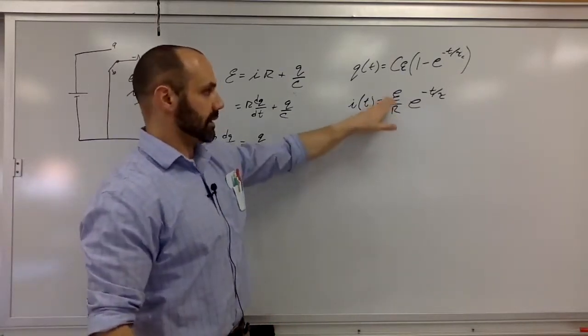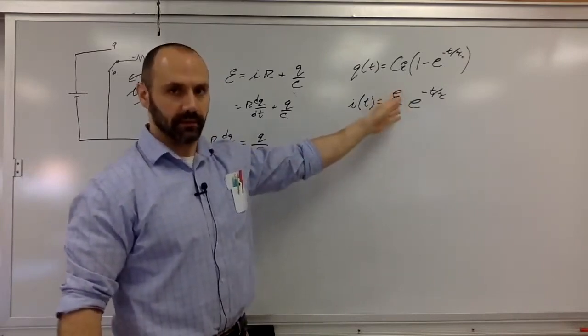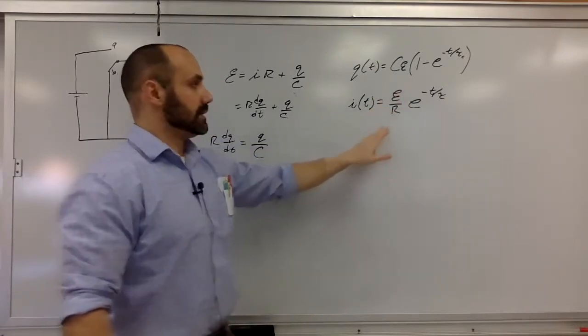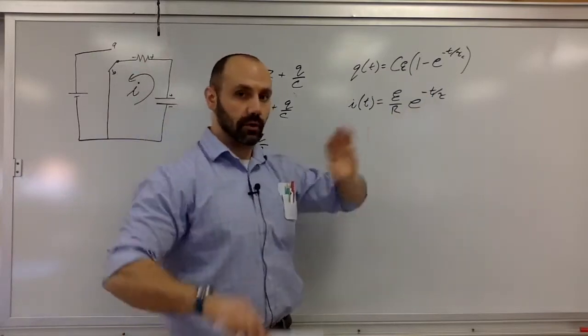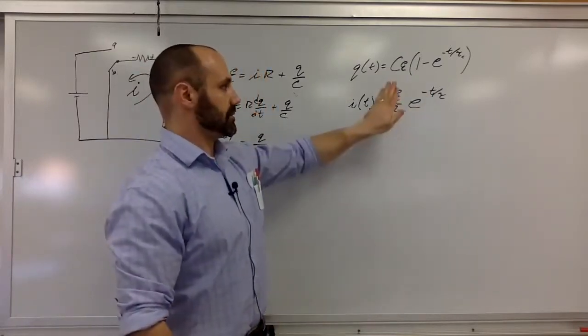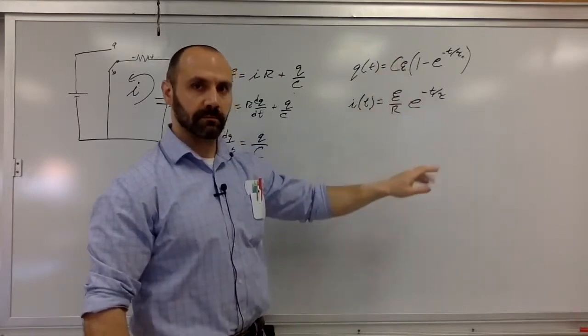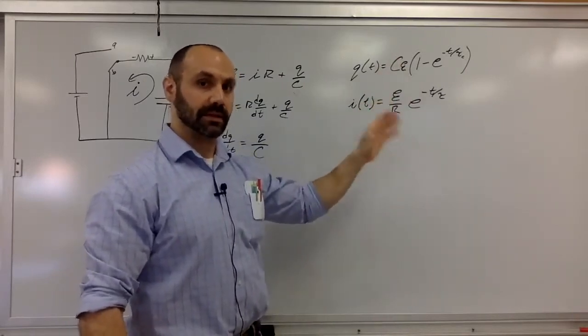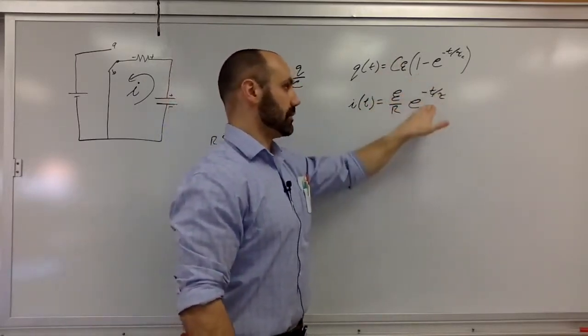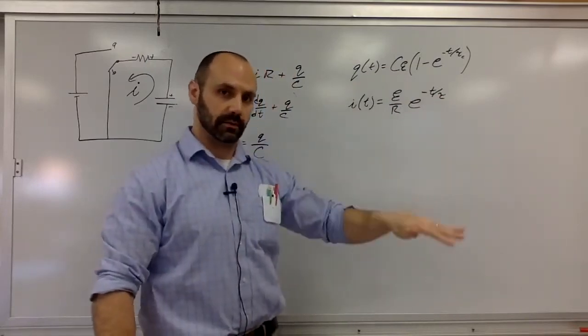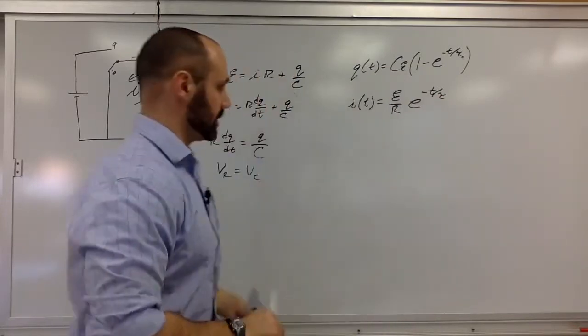In this case, that maximum current given by the EMF of the battery divided by the resistor, times e to the negative t over tau. They're all the exact same form. Just some coefficient given by the maximum, either the starting point or the asymptote, times either this or this, depending on whether it's going up or down. Right? They're all that same way.